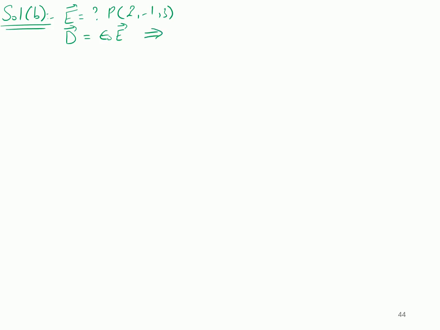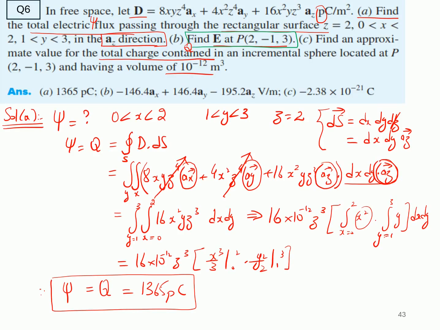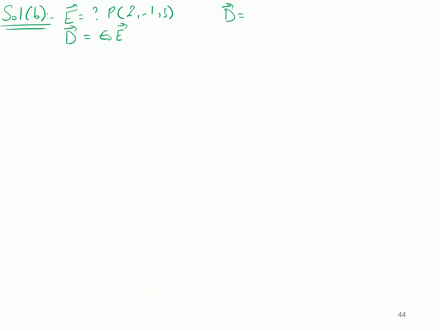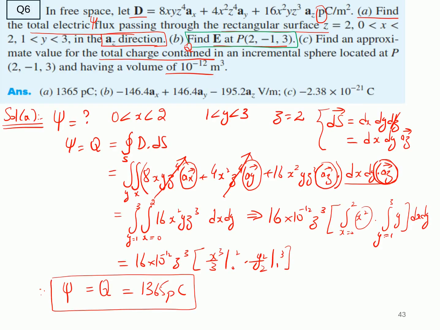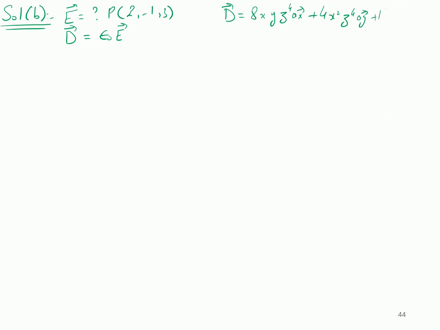I'll write the value of D over here. The electric flux density is 8xyz^4 a_x plus 4x^2 z^4 a_y plus 16x^2 y z^3 a_z.